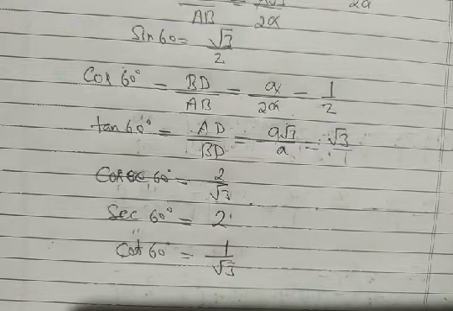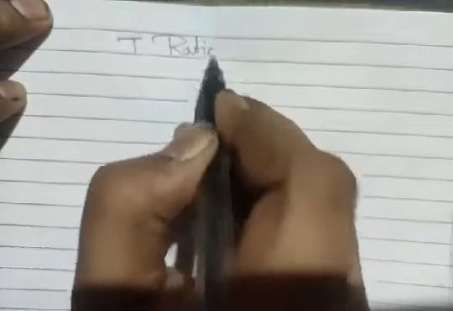Till now we have discussed how to get the values of T ratios of 30, 45 and 60 degrees. Now we move to find out the T ratios of 0 degree, or of 90 degrees.